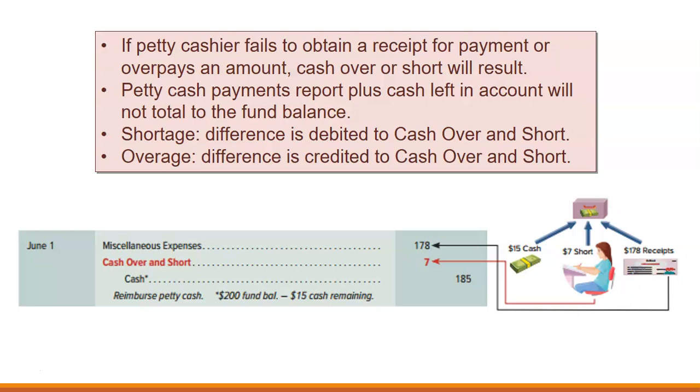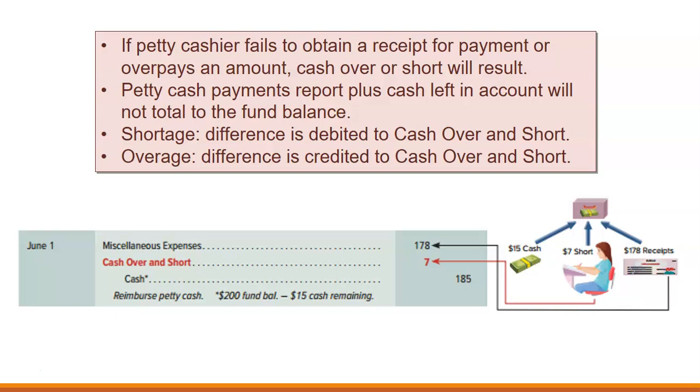If we fail to obtain a receipt for payment or overpay an amount, then we show a cash over or short for that. So in this example, there's a $7 difference between what we have receipts for and what we have available in petty cash.